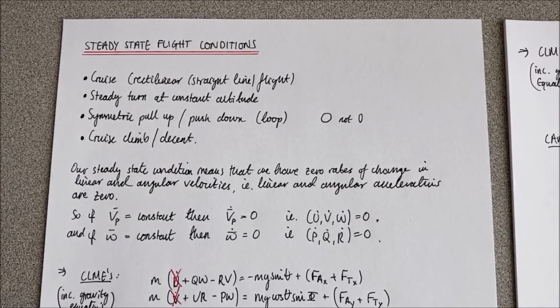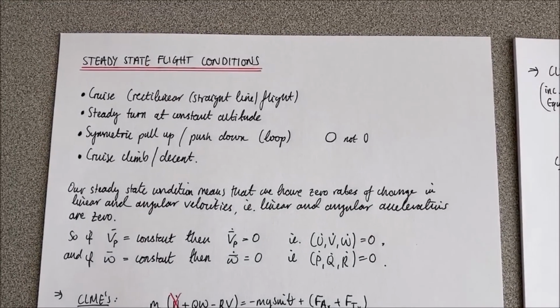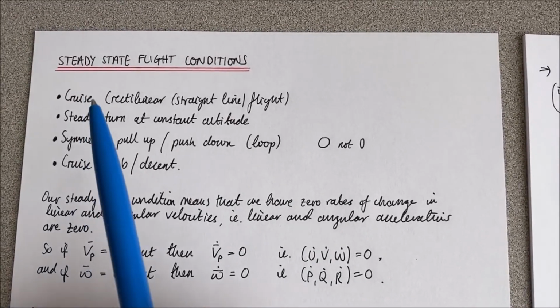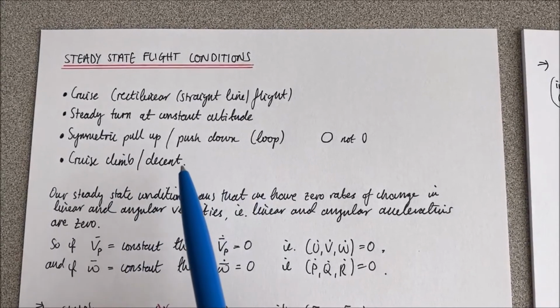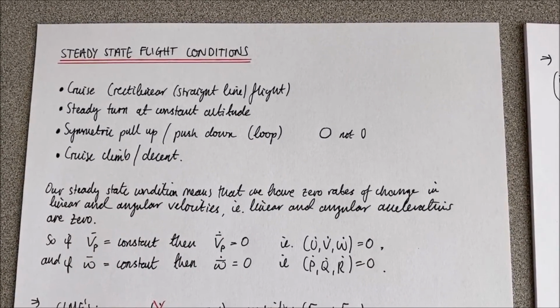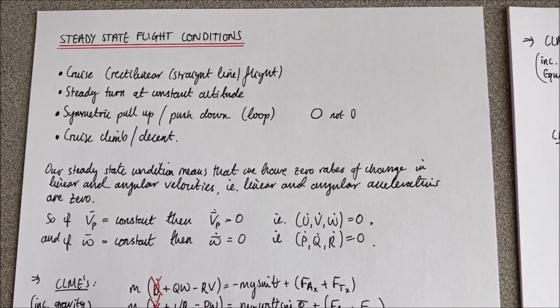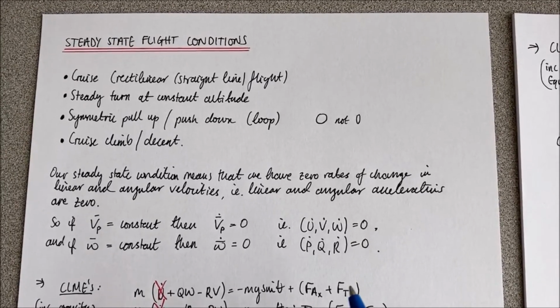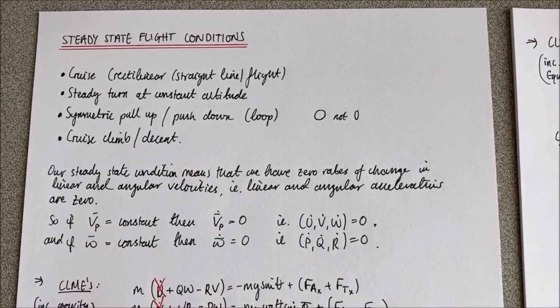So let's take a look at our steady state flight conditions then. We just summarized these just now, but just to remind you, this covers cruise conditions, steady turns, symmetric pull-ups, push-downs, that kind of thing. And the assumption of a steady state condition means that we have basically zero rates of change in our linear and angular velocities.